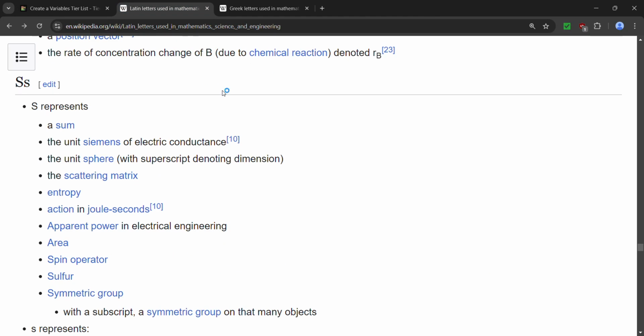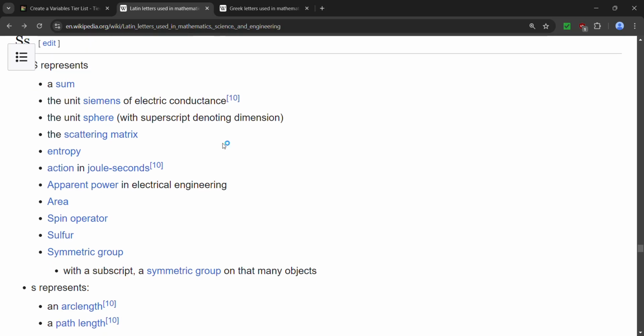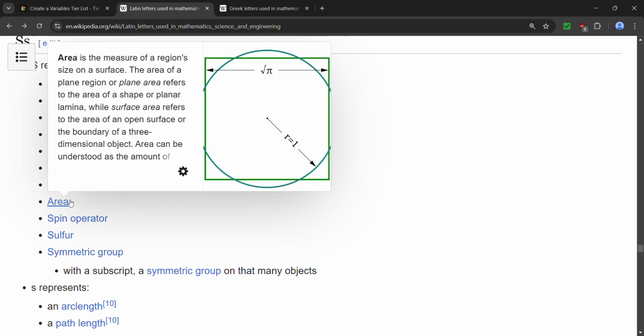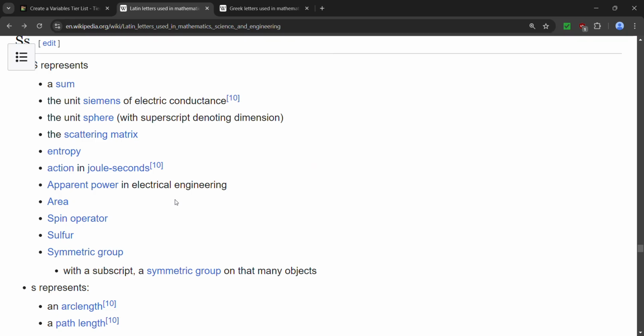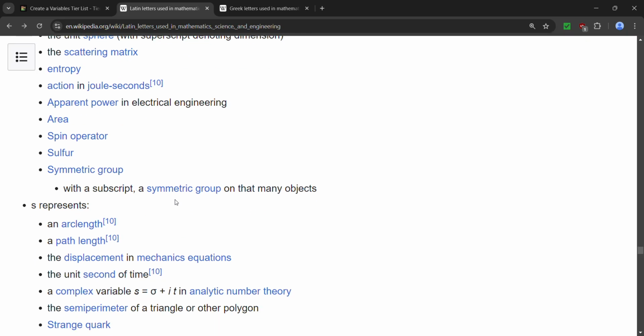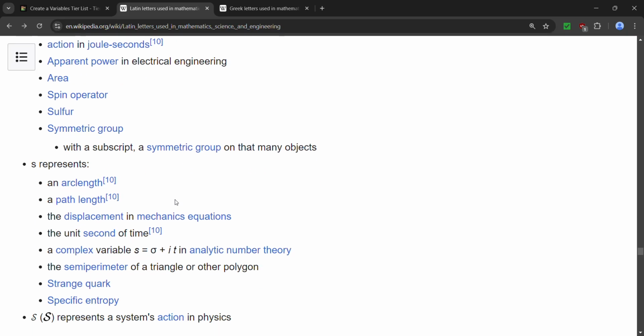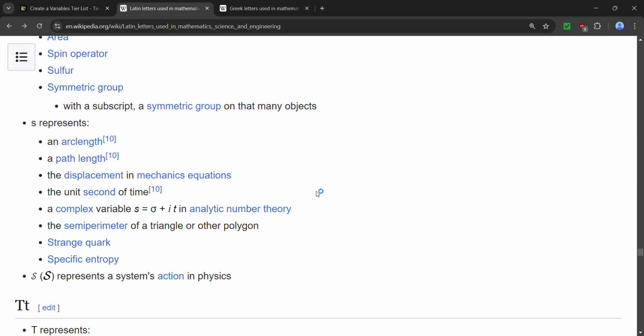Okay, let's look at S. The unit sphere. I don't know about that one. Entropy. Okay. I've never seen it represent area. Oh, unless it's like surface area, maybe. That doesn't really count though. Displacement, second. Okay. Yeah, really only getting entropy from this one.